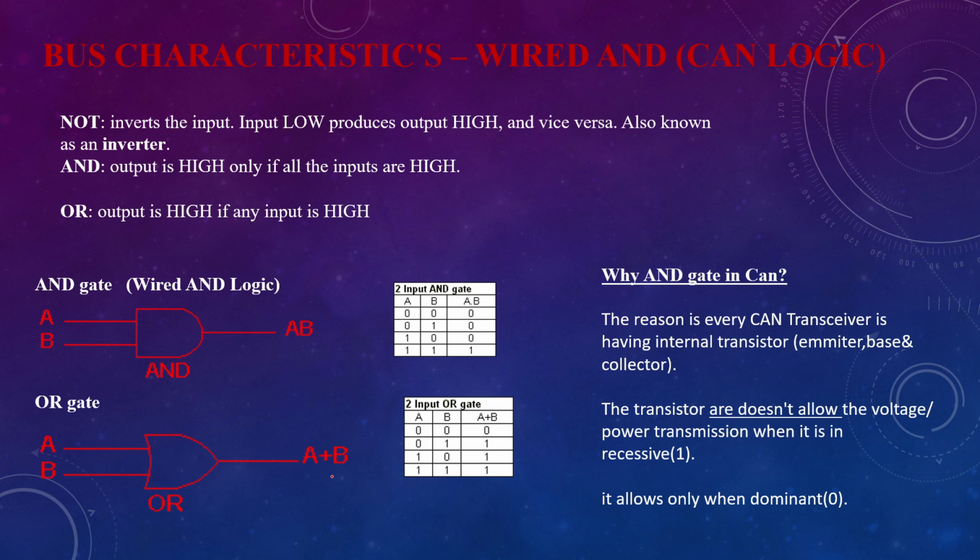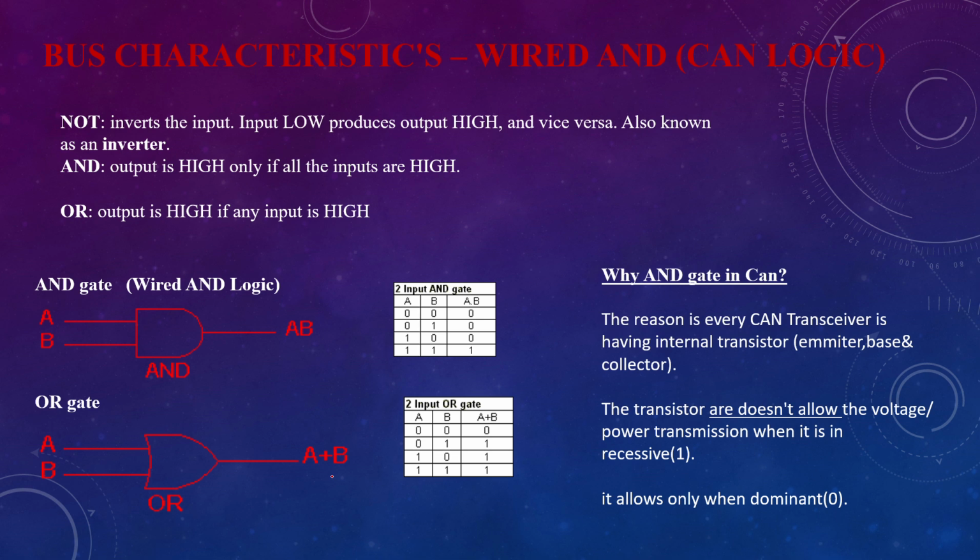So this is parallel communication. The bus architecture is wired-AND logic. So what logic does CAN follow? It follows AND logic.